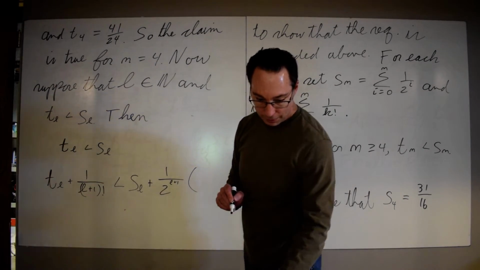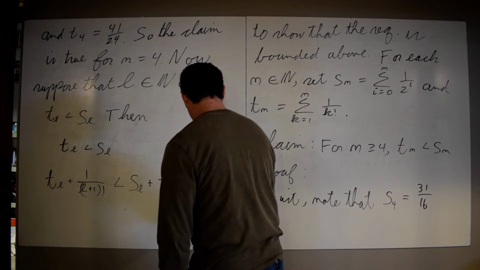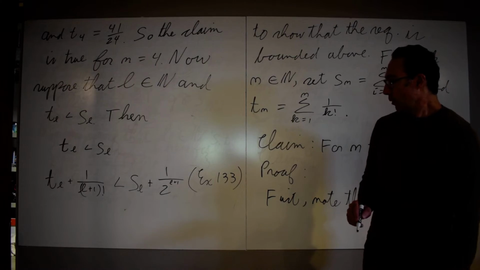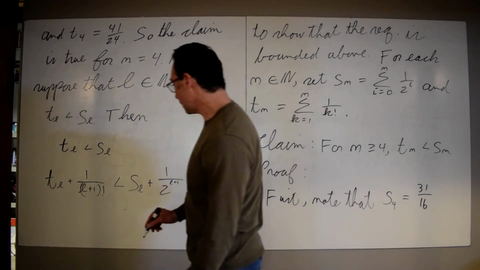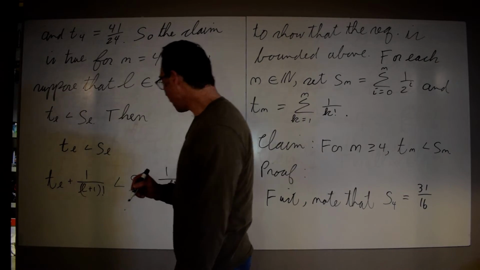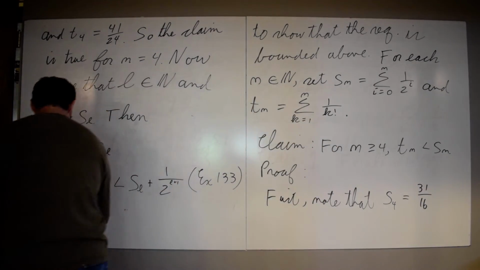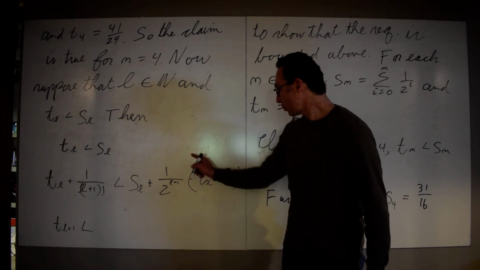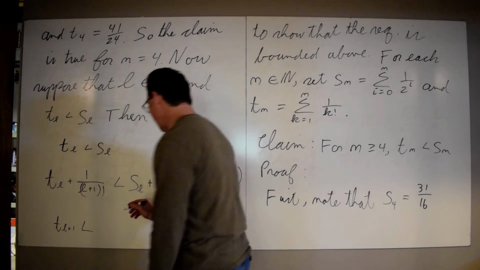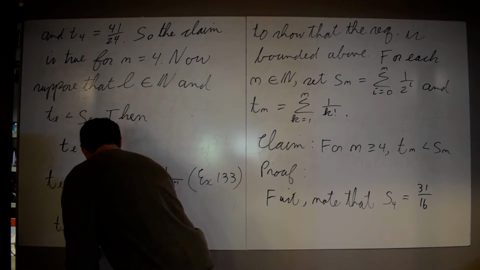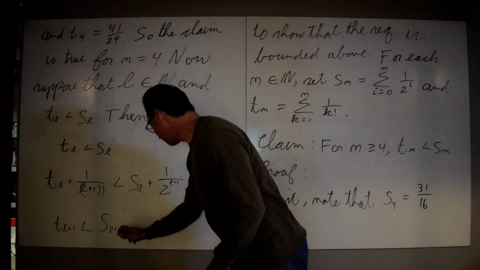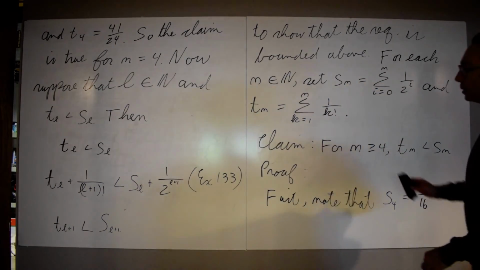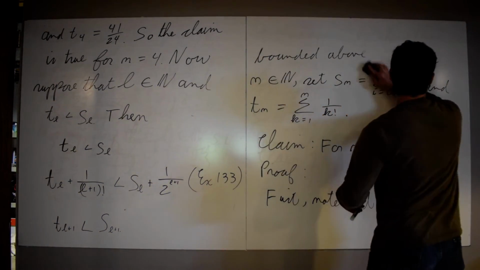We've already proven that. That's example 133. Okay, and what is T sub L plus 1 over L plus 1 factorial? That's T sub L plus 1. What is S sub L plus 1 over 2 to the L plus 1? That's S sub L plus 1. So that is the inductive step.